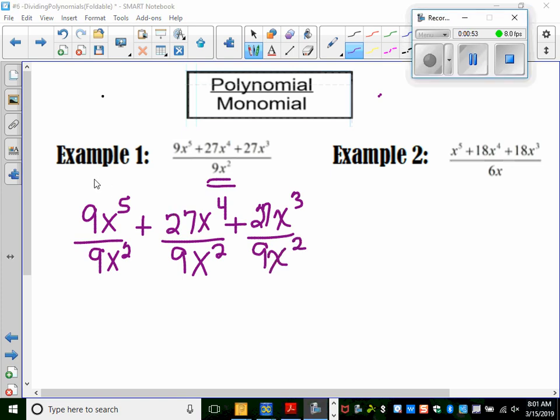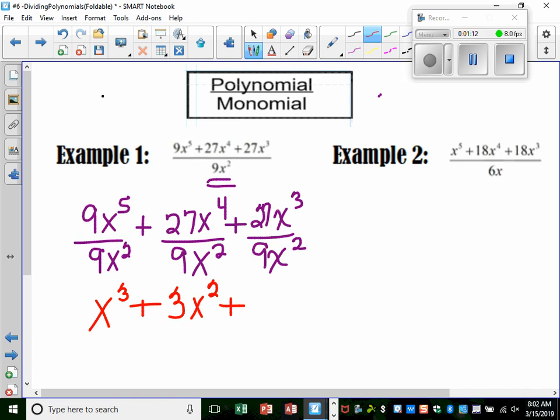Okay, so we're just going to divide. 9 divided by 9, that's one whole. And when we subtract our exponents, because that is the rule for exponents, you get x to the third. Okay, 27 divided by 9 is 3. When we subtract the exponents, we get x to the second. And 27 divided by 9 is 3 again. And when we subtract the exponents, we get 1.